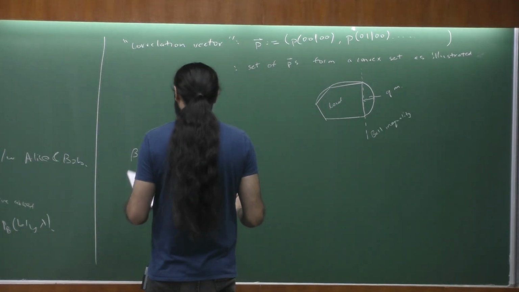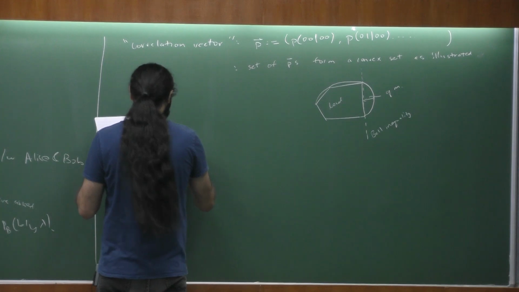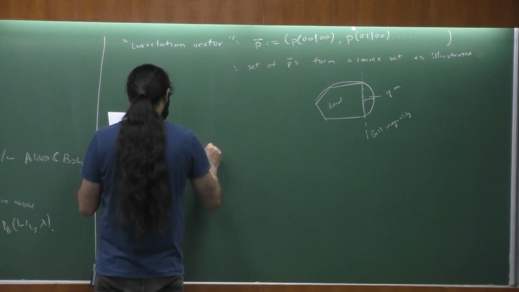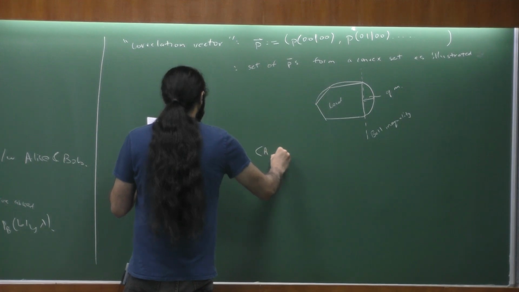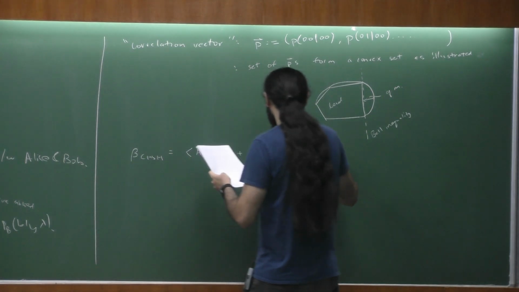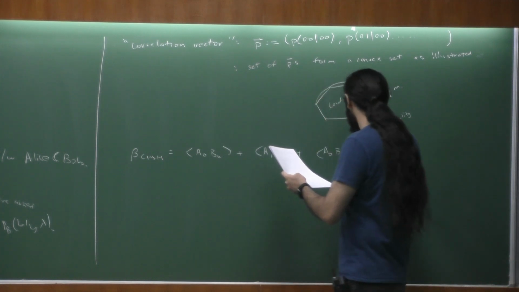And the way we're going to define the Bell inequality in this setup is slightly different from how we were doing it for games. It's the same idea, the difference is in terms of normalization. So we're writing it as follows: A1, B1.